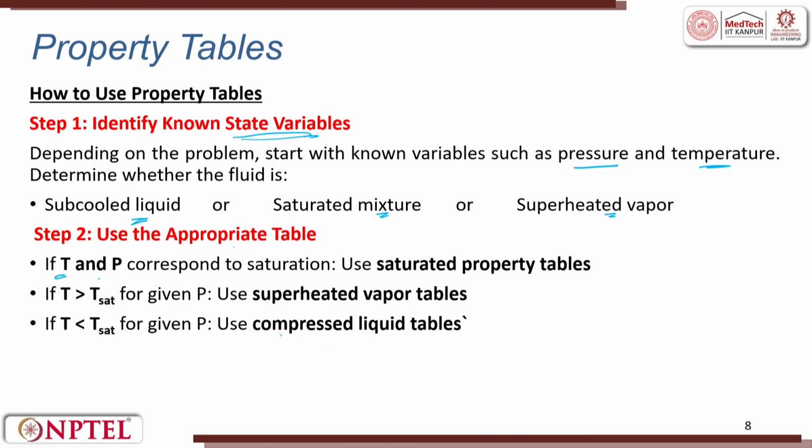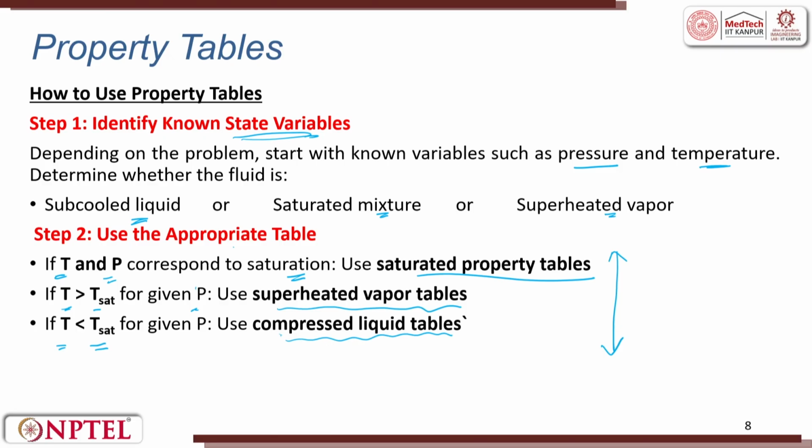If T and P correspond to saturation, use the saturated property table. If T is greater than T saturation for a given P, then use the superheated vapor table. If T saturated is more than T for a given P, then use the compressed liquid table. So, these are the 3 things which you should remember.